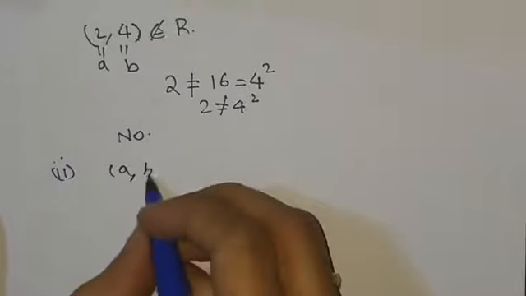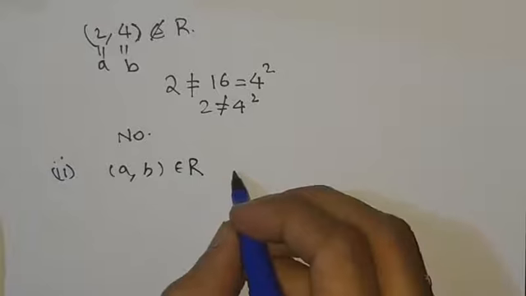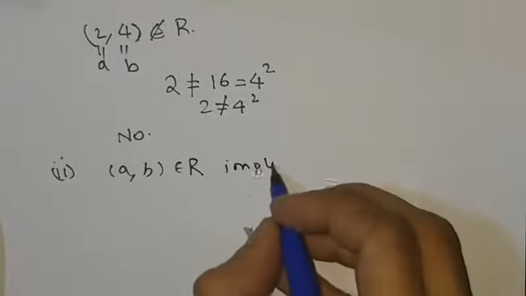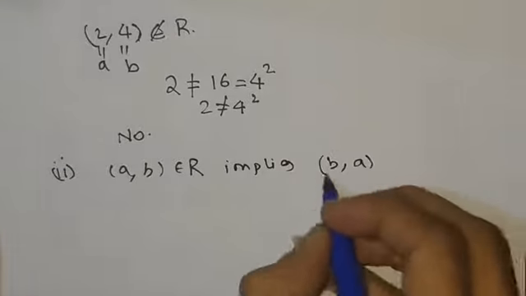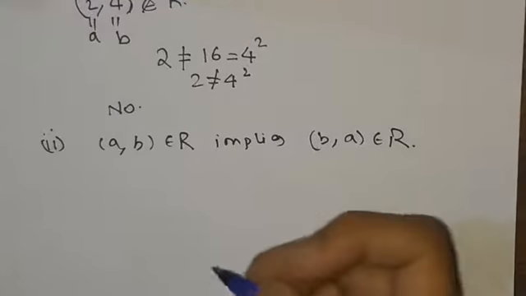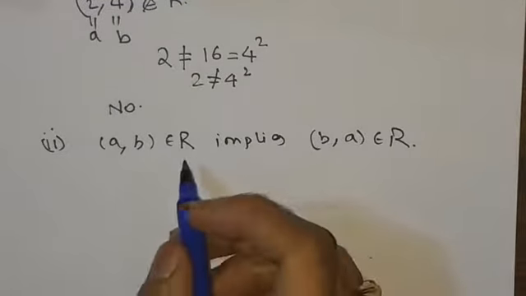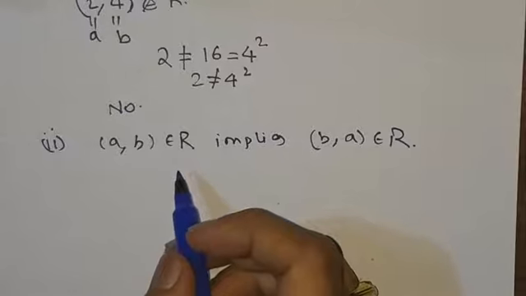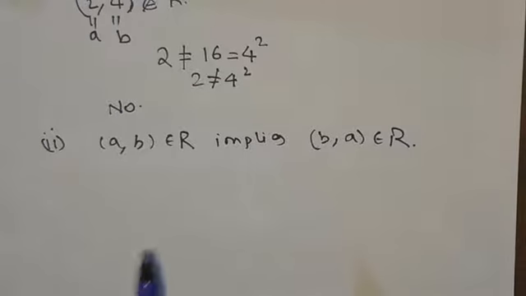Second statement is A comma B belongs to R implies B comma A belongs to R. So again this statement is not true. We have to give an example.